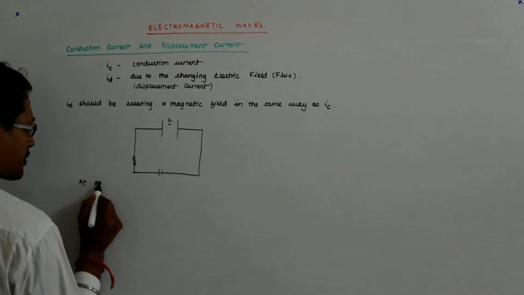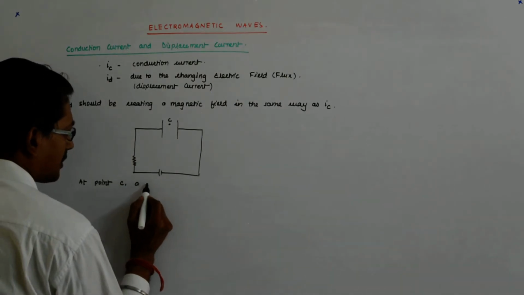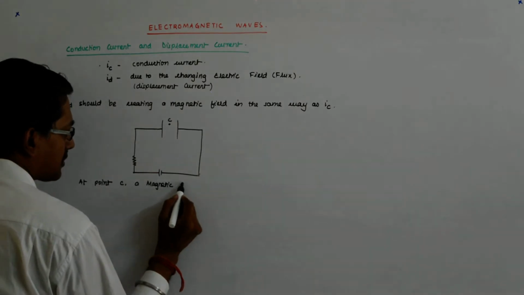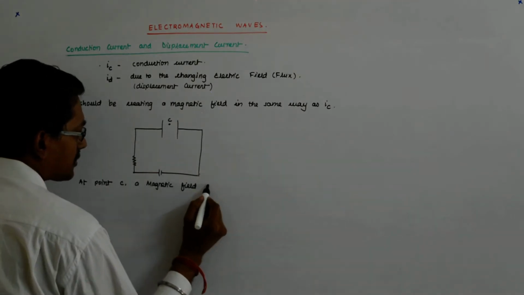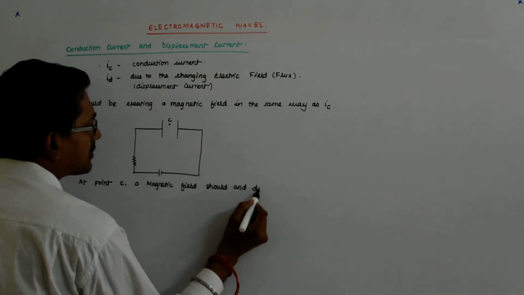So at point C, a magnetic field should and does exist.